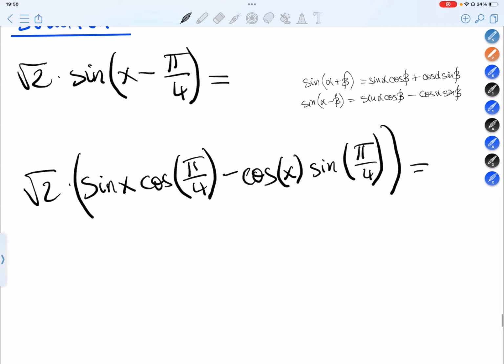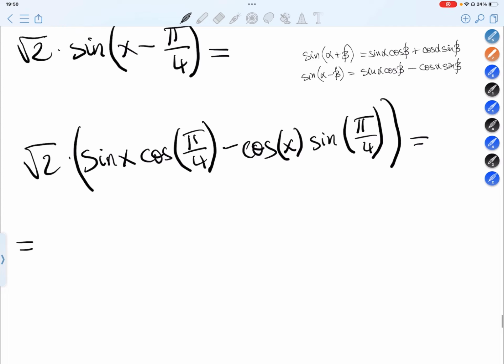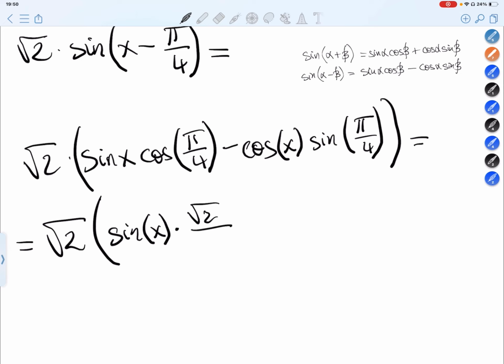Now this is equal to root 2, which does not change, times sine of x cos of pi over 4, and we know that cos of pi over 4 is equal to root 2 over 2, then minus cos of x sine of pi over 4, which is the same, equal to root 2 over 2.